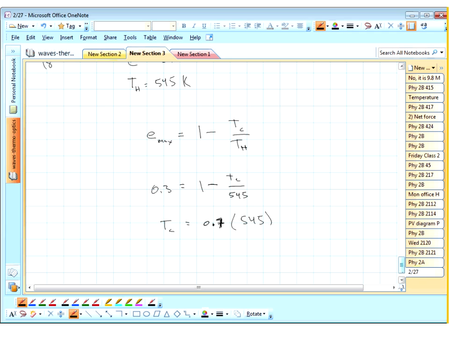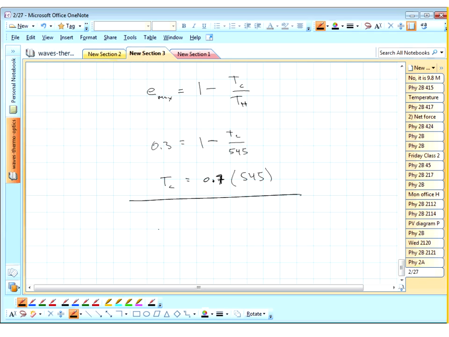Now we want to increase the efficiency, right? So 40%. And so what do we have to do? To make the efficiency better, usually you need a bigger swing in temperatures between T hot and T cold.